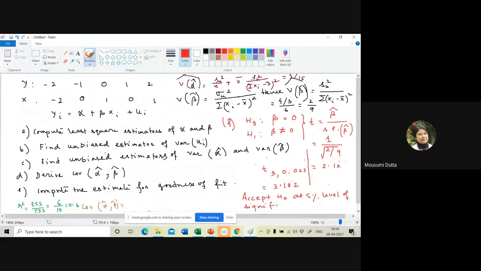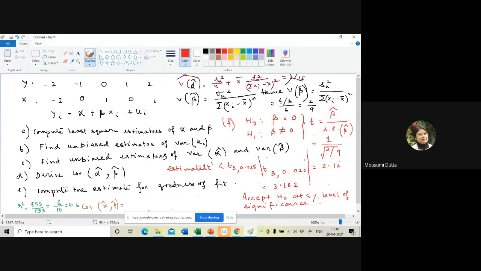Estimated T is less than this T3. So we will accept H naught at 5% level of significance.